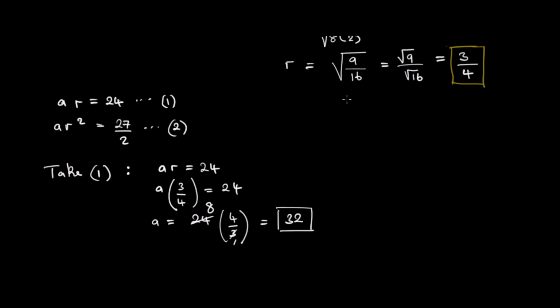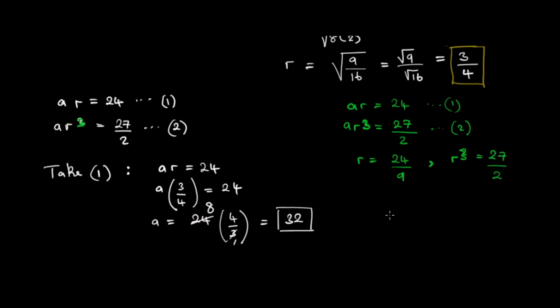Saka mistake yamunogona kuita nde AR is equal to 24, AR squared is equal to 27/2. Then question 1, question 2. Panapa mukada kuita make R the subject of formula instead. R inenge iri equal to 24/A. Then R cubed is equal to 27/2, like this.